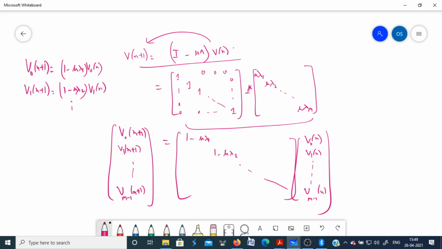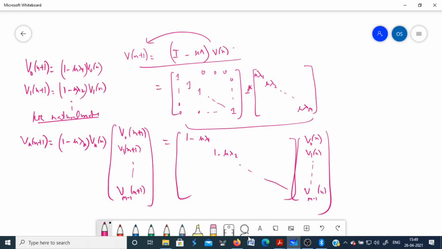Or you can say that for the kth natural mode, Vk(n+1) in general will be (1 minus mu lambda k) into Vk(n) for k equal to 1 up to m.